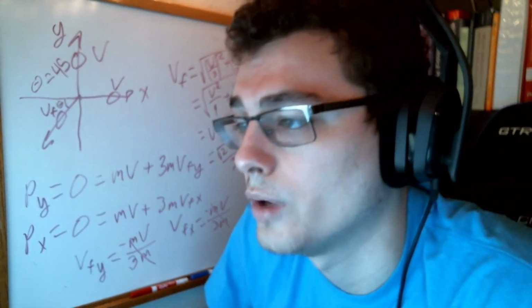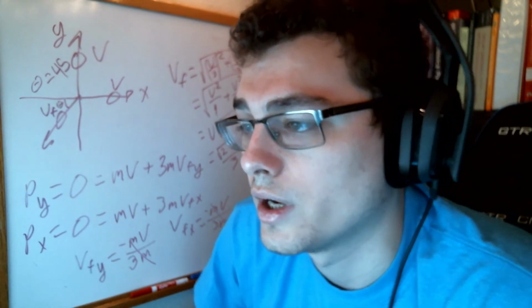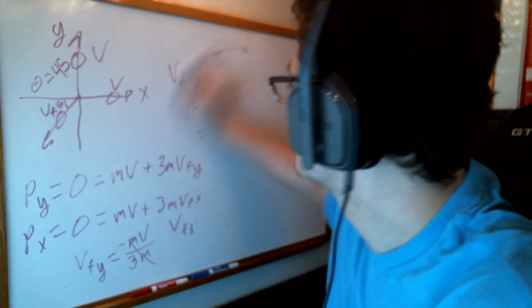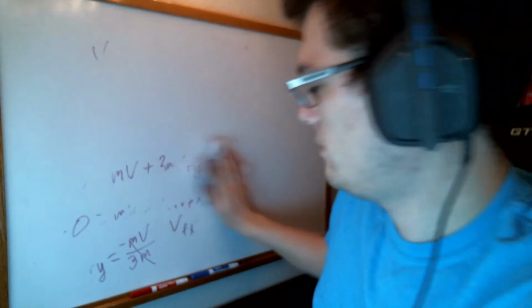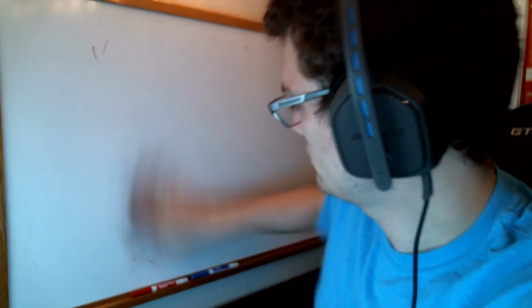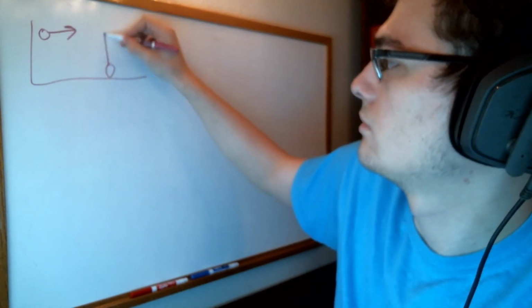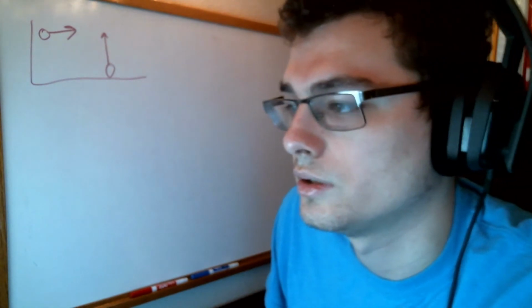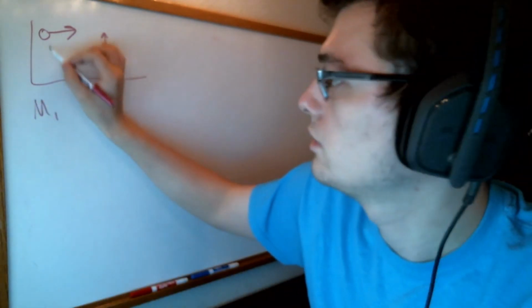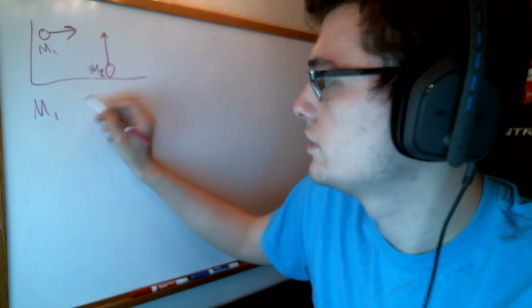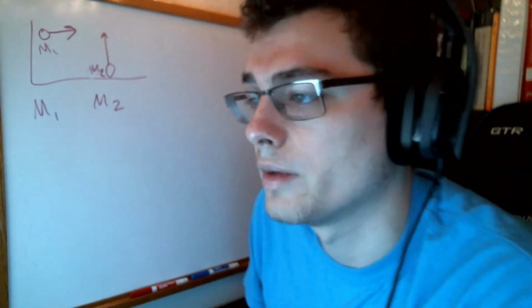Okay, so we have two balls of clay thrown at each other and they collide. And they say they stick when they collide. Okay, so we have values for M1 and M2, and they both have velocities.